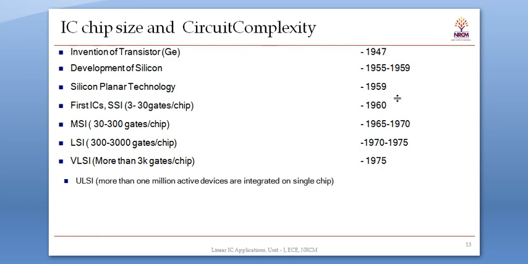In ULSI you are going to manufacture 1 million active devices, and here you are manufacturing 3,000 gates per chip in the VLSI. So the number of gates per chip fabricated on the IC is increasing day by day. That's why the circuit complexity is also increasing day by day.